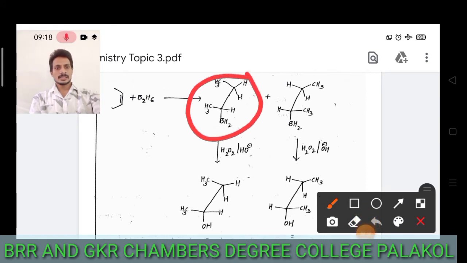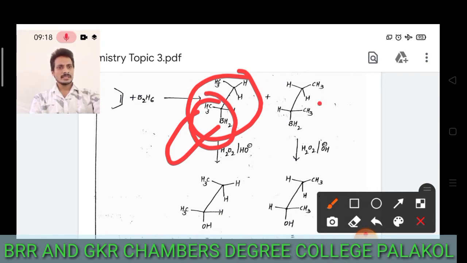In this conformer, the two methyl groups and boron are present in different planes at 120 degrees. In this conformer, the steric crowding between methyl and boron is similar, so boron addition is equal to the Re face and Si face.